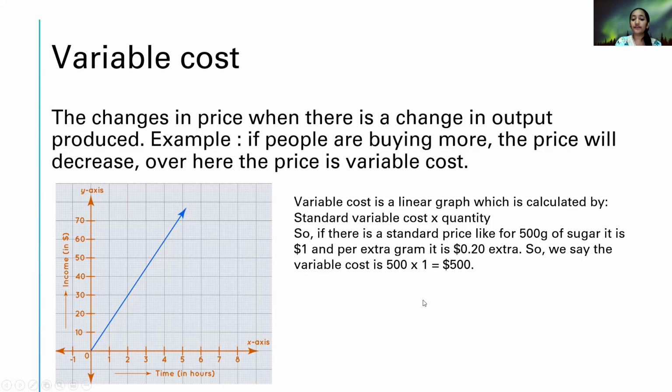So we say the variable cost 500. So the minimum you should buy is 500 grams and the fixed cost for that is 1. So 500 times 1, which is 500. And this graph is a linear graph. It's going upward. So as the quantity increases, the price also increases.